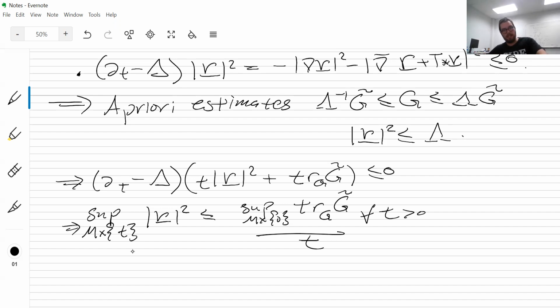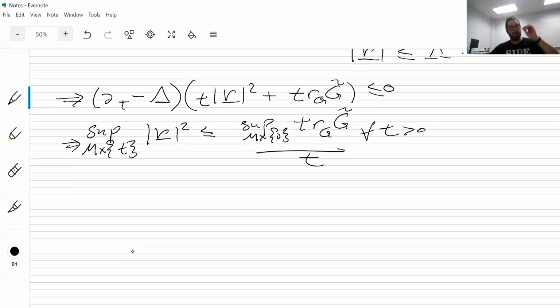This is your regularization estimate. And then from here, you can do parabolic bootstrapping.